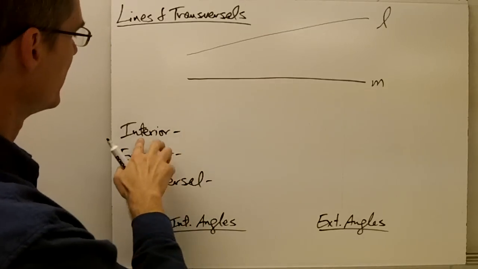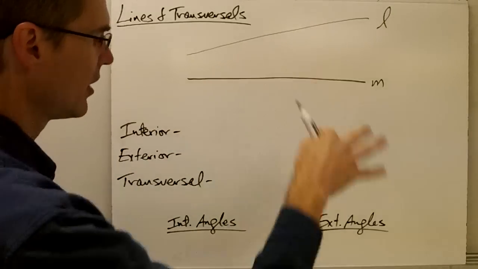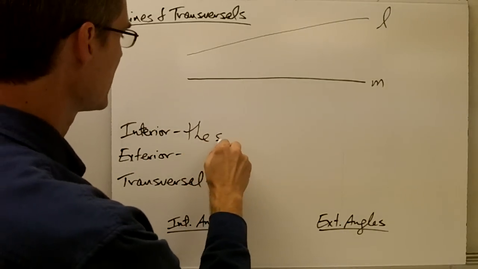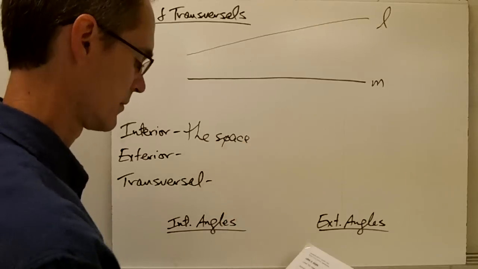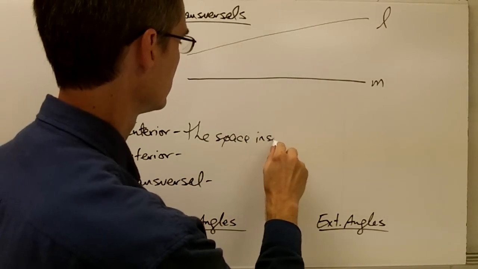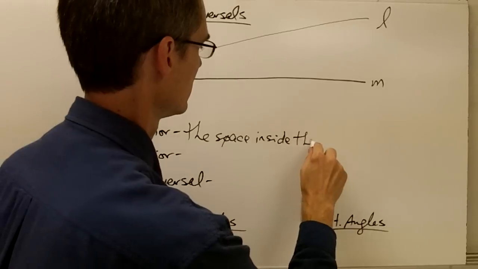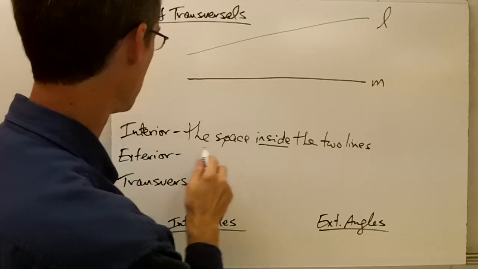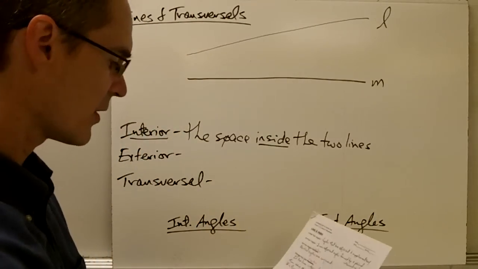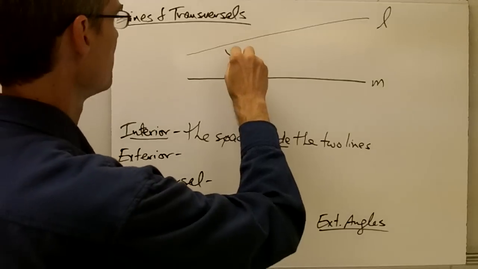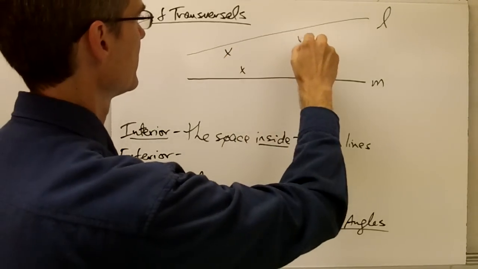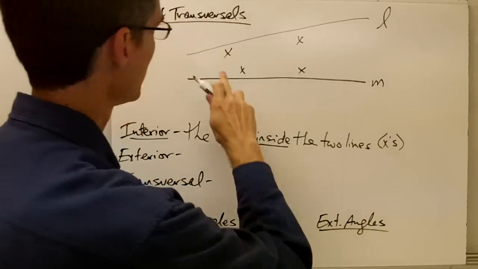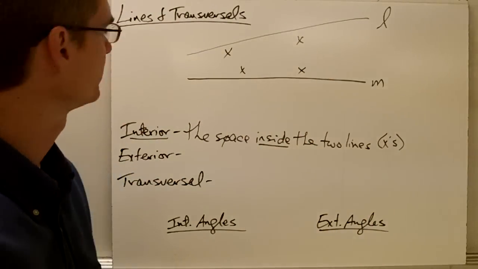The space that I'm going to call the interior of these two lines is just the space inside the two lines. Inside meaning interior. So if I mark some X's in here, everywhere those X's are, that's the interior of these two lines.